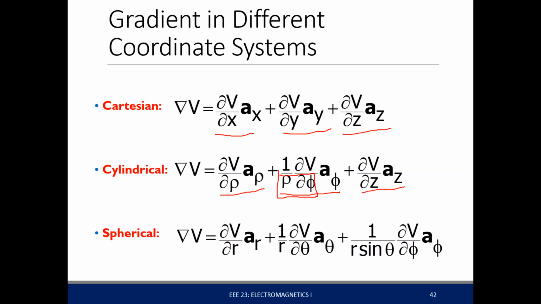And finally, for spherical, there's a change in the r direction, change in the theta direction, characterized by the change in arc length due to the angle theta, and the change in the phi direction, which is the differential arc length on a circle that is parallel to the xy plane. Okay, so this is your gradient in different coordinate systems.